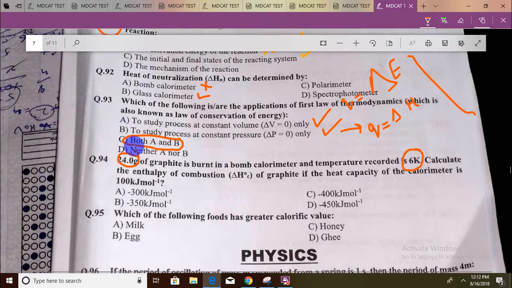So it's mass 24 into 10 power minus 3 multiplied by 100 into 10 power 3. So the minus 3 and plus 3 cancel out. 6 into 100 is 600 into 24.